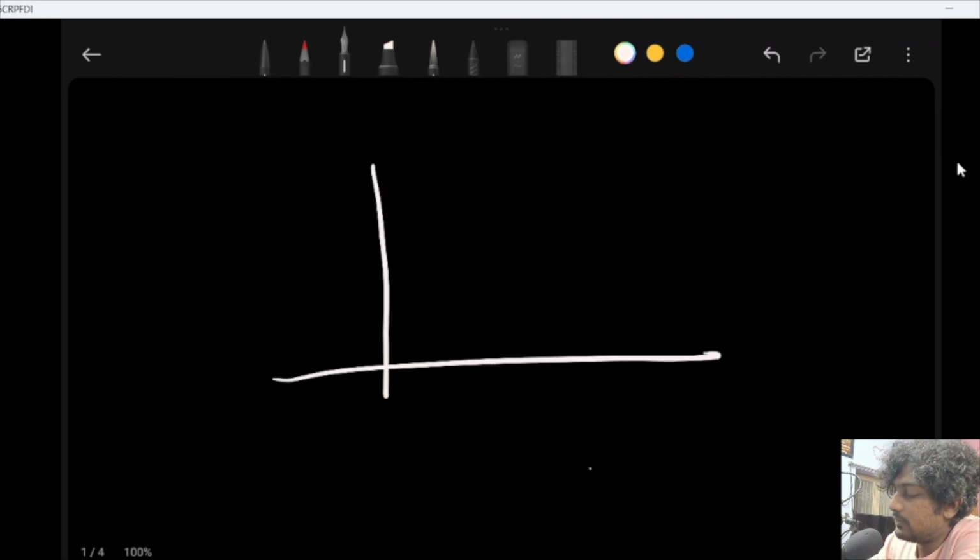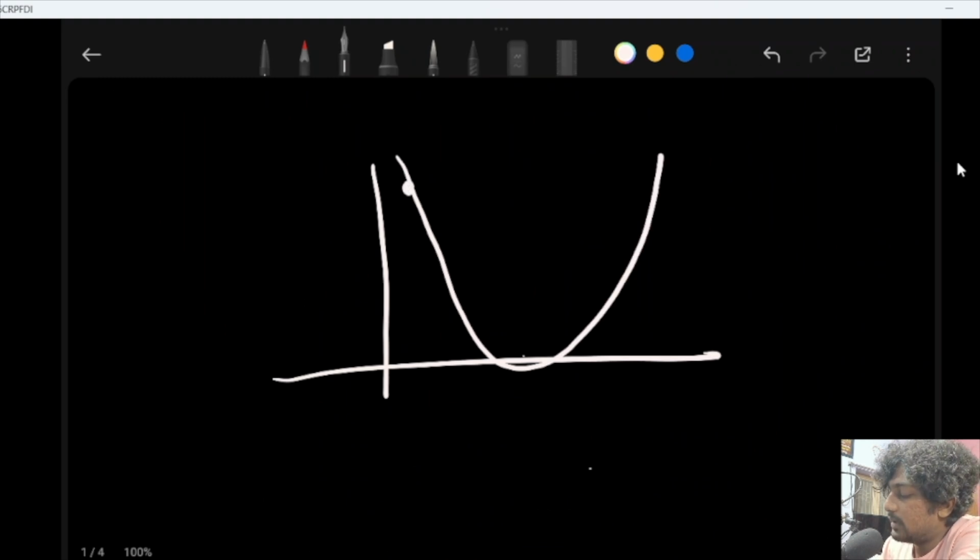Consider this graph, and we are here, and the global minima is here. The learning rate means how fast, how many steps we need to take. If the learning rate is too low, it will take so many steps to find the global minima.